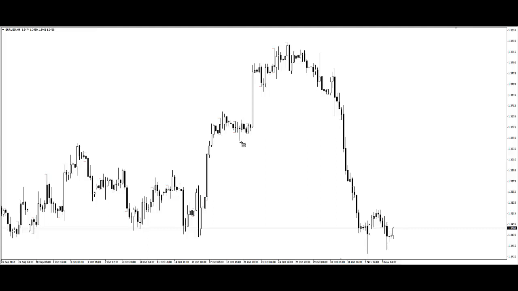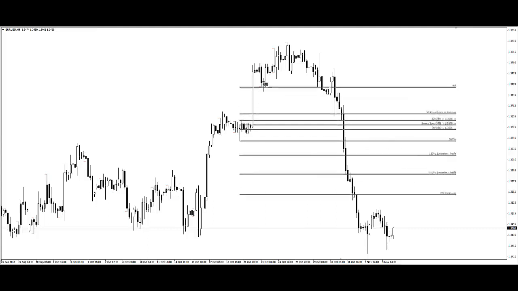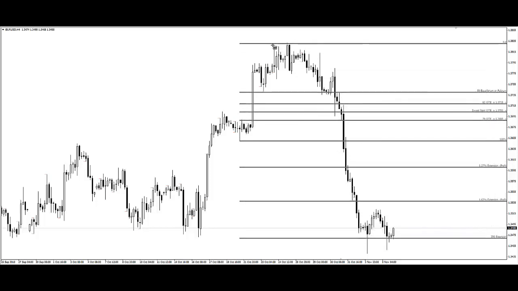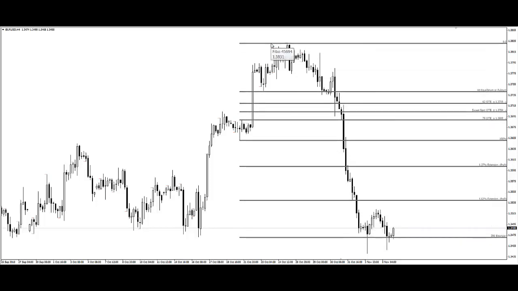What I'm going to do is give you the fib projection right here and the 200 levels down here. Now we did wick through it a couple times, getting a small little reaction in here, but this is the overall price swing, and it broke down. Here is the 127 easily reached, 162 easily reached, and then it went down below these market structure lows over here.